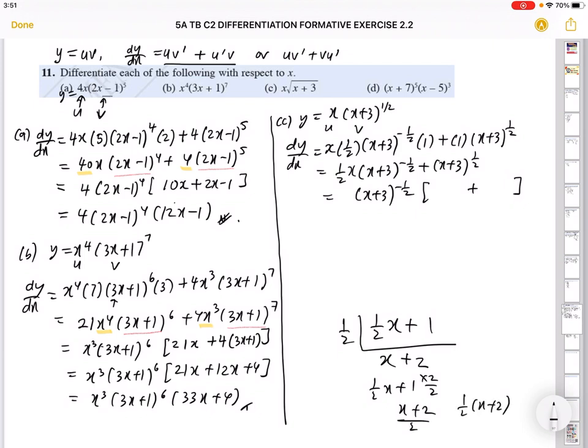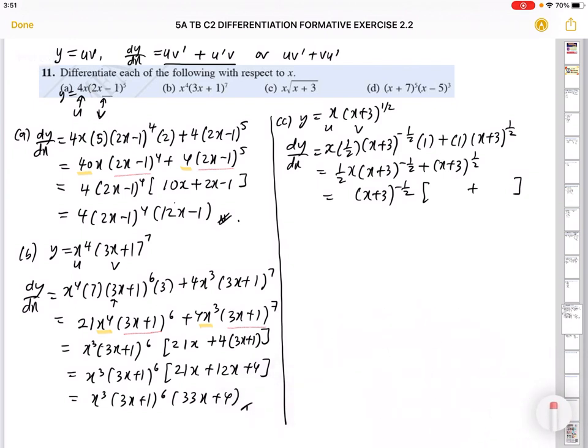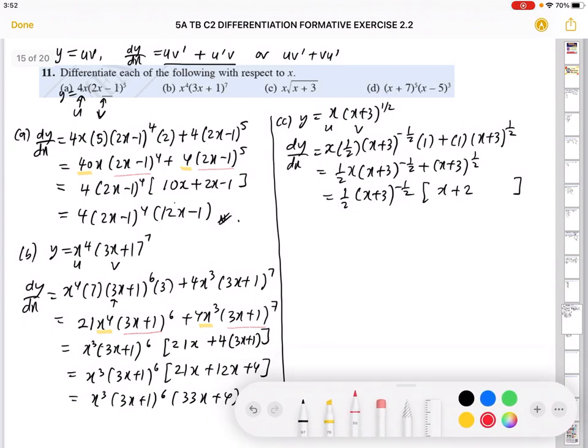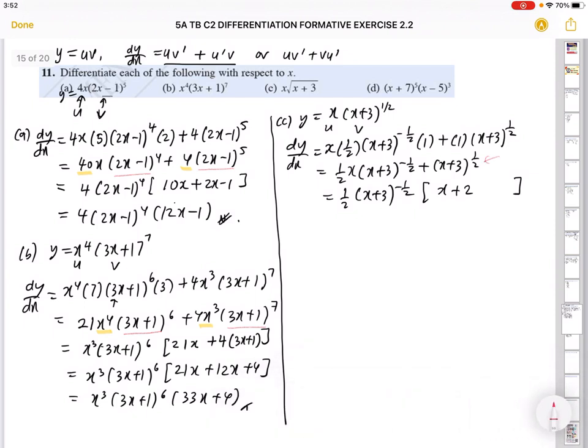Yes? Okay, now if you have a half here and I take out the half here, this will just be 1x. But the second one, you've got to be careful because I've taken out half, it has to be 2. And this power half, if I take out power negative half, I'm left with power 1.